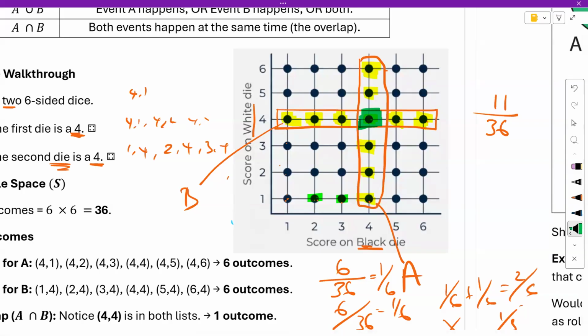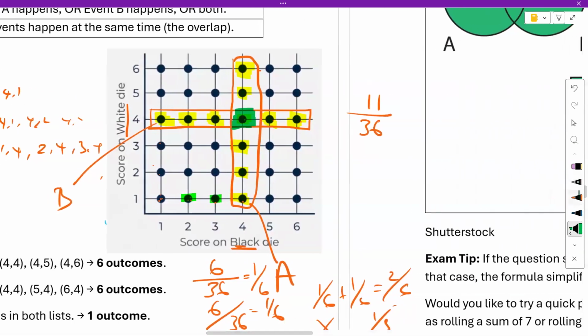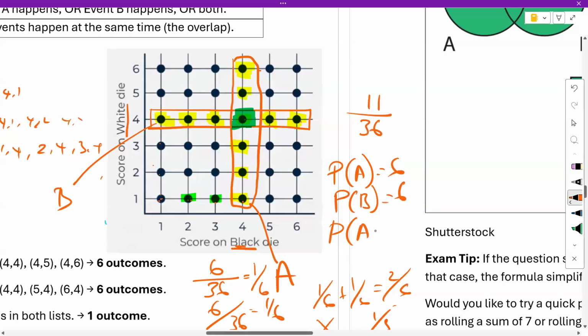It represents A intersection B. So therefore, we can write: probability of A equals 6, probability of B equals 6, probability of A intersection B equals what? 1. Is it right?